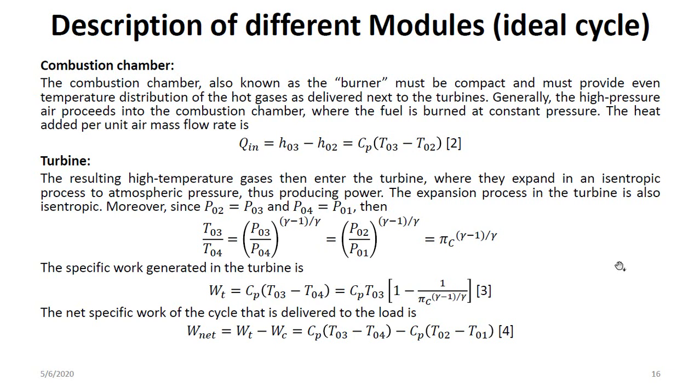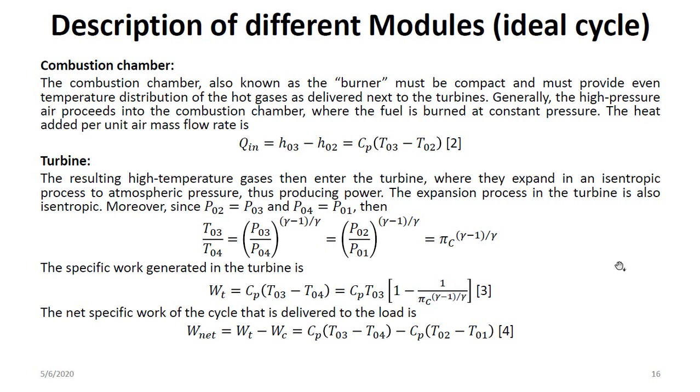So the power extracted in the turbine is equal to the specific heat multiplied by the temperature rise. So T3, which is the turbine temperature, minus T04, and this is equal to, if you divide through by T03, you get this equation.